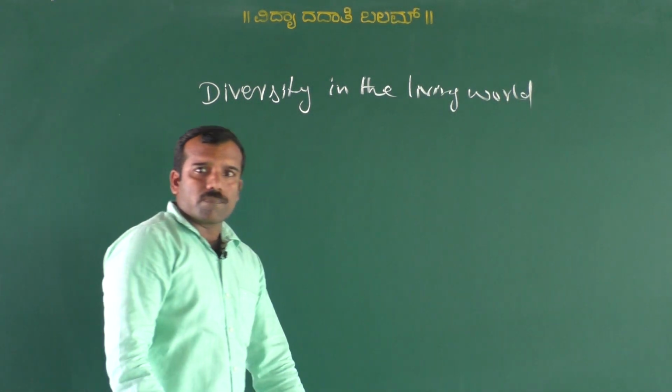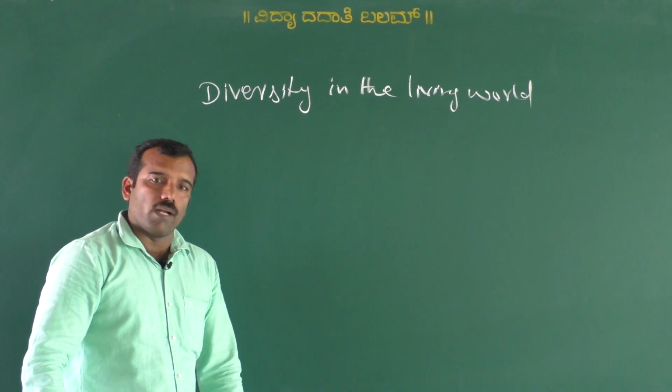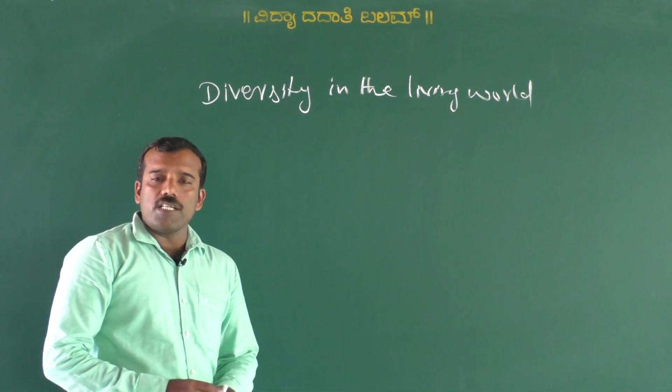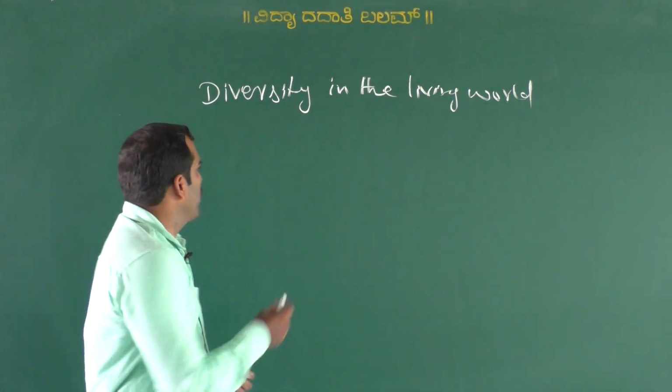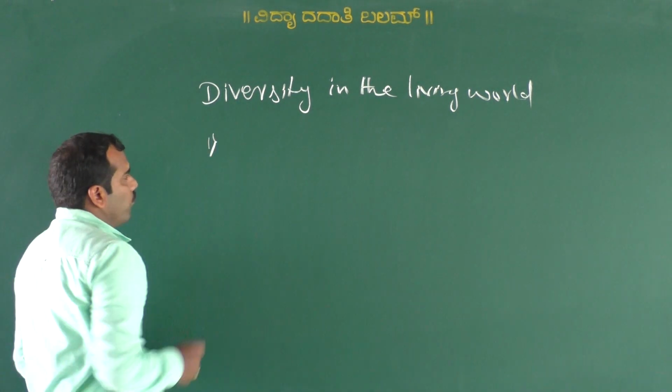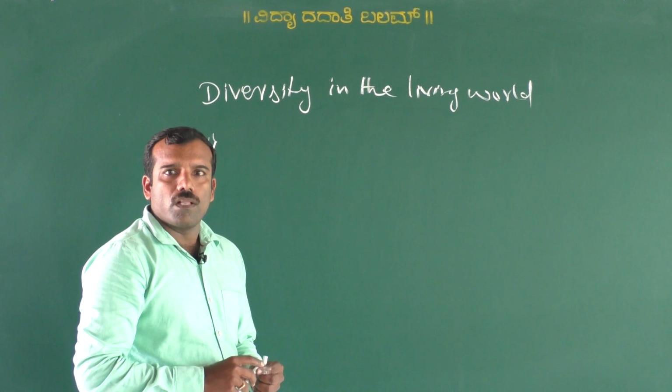The first unit is diversity in the living world. This unit consists of 4 chapters. The first chapter is the living world.